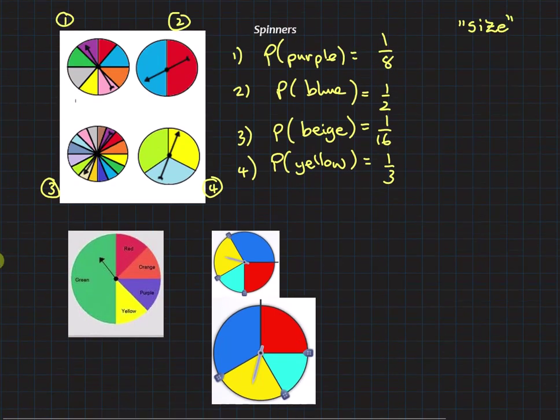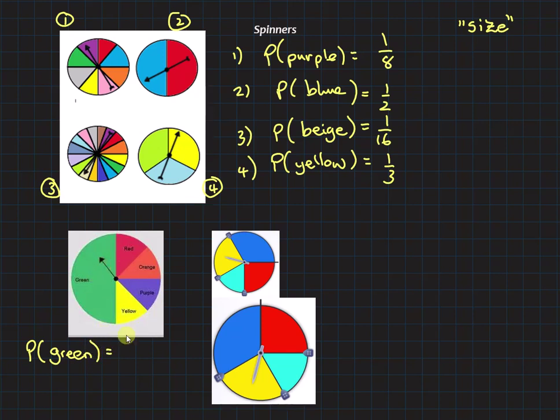So here is the probability the same for the green, red, orange, purple, yellow. It's quite obvious that this green section is so much bigger that the probability of green, if it is obvious what the angle is, you can normally assume an exam question is saying it is the same.